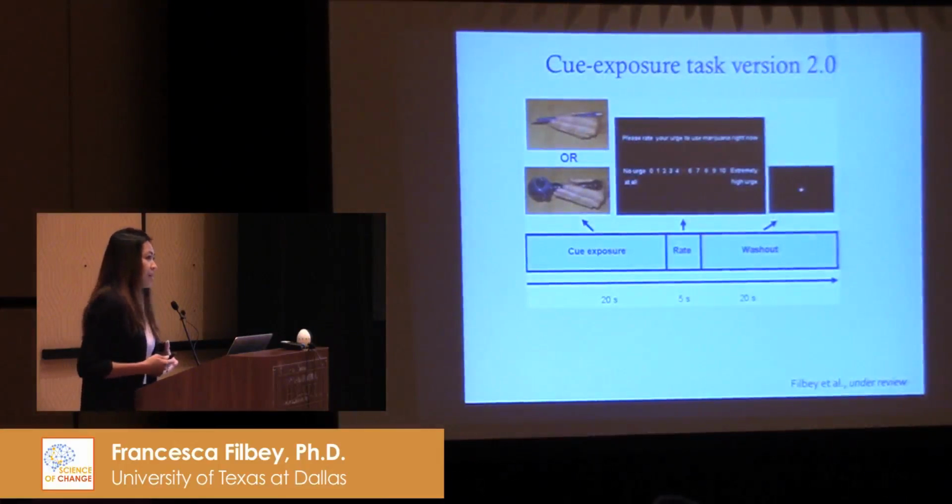So the question then becomes, how do they differ from normal controls? So non-using individuals. Perhaps non-using individuals would also respond similarly to this highly novel object, and maybe that's all that we're capturing there.